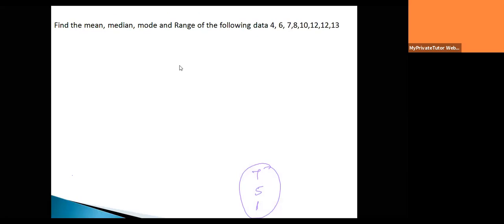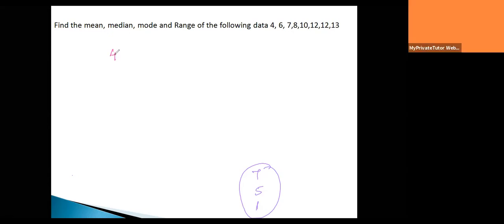Please find the mean, median, mode and range of the question. I think it's written in ascending order. Okay, take your time. I have found the median first.